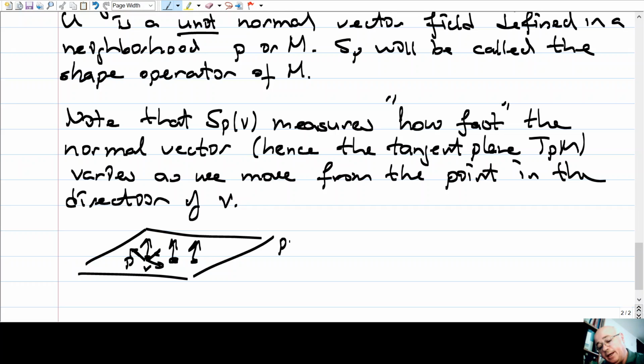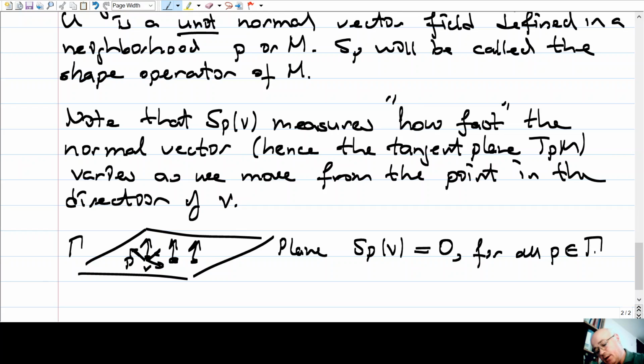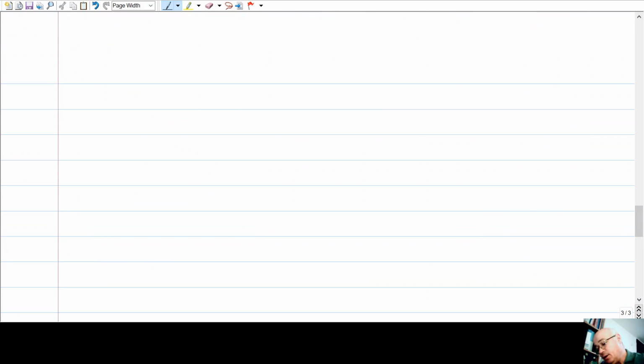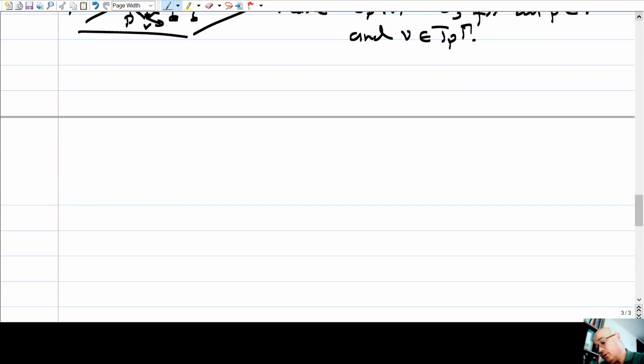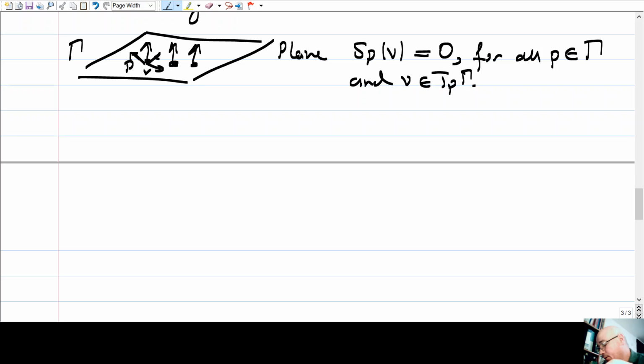So for a plane, S_P(v) should be identically zero, for all P in the plane and v a vector in the tangent space. We will compute this function for some other surfaces also soon.